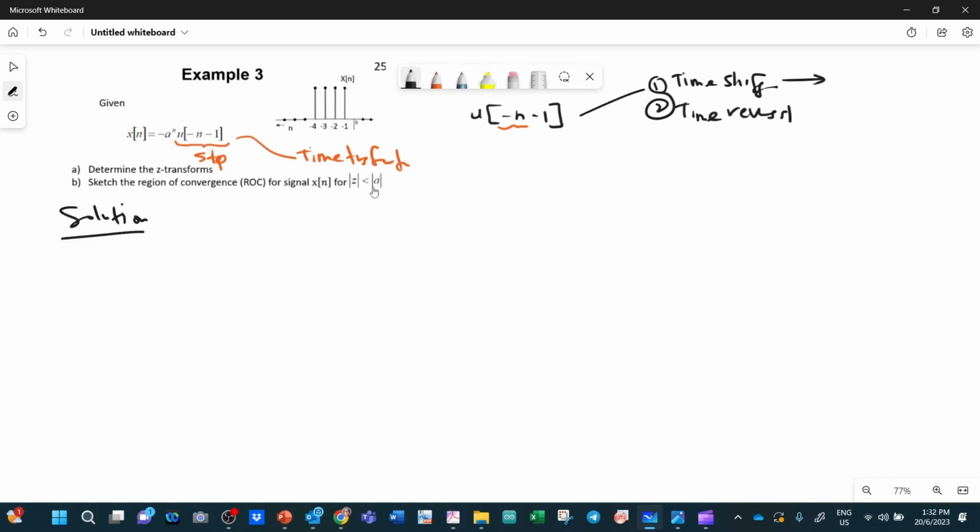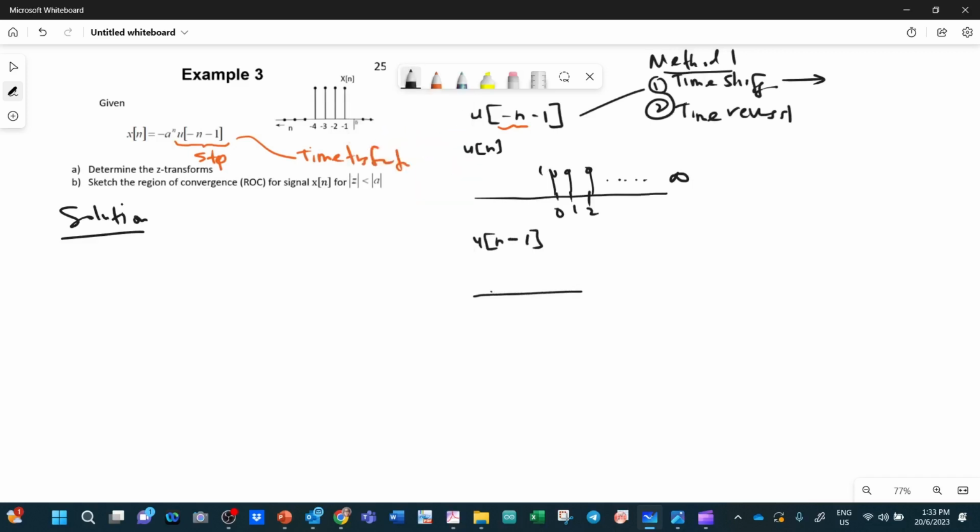Let's draw out the signal for un. Un is 0, 1, 2 with amplitude 1, until infinity. Then we start the method. This is method number 1 that you learned in chapter 1. Method number 1 is that you do the time shifting n minus 1 first.